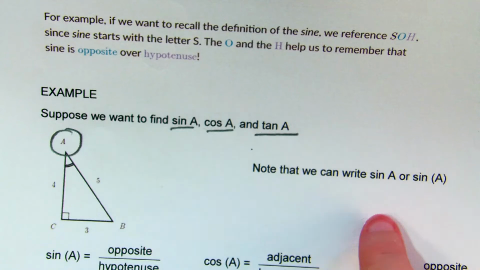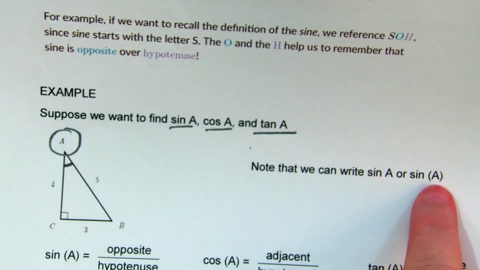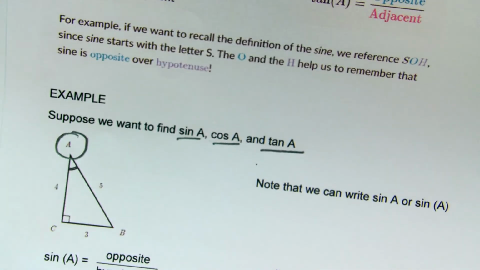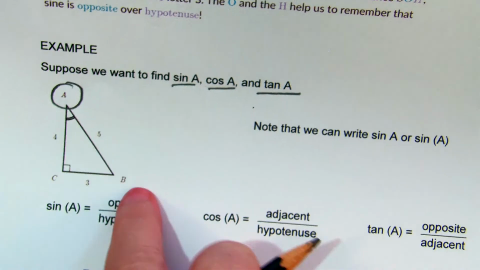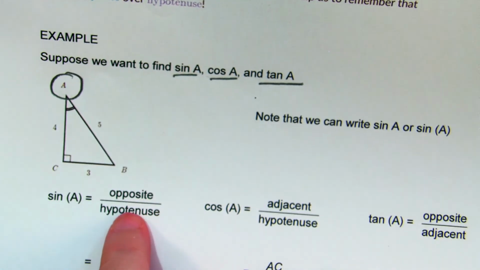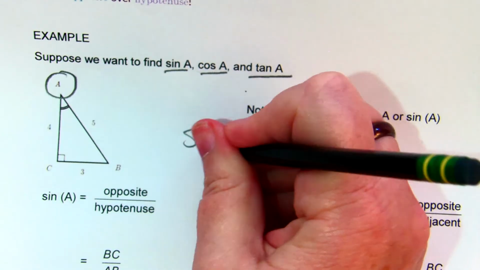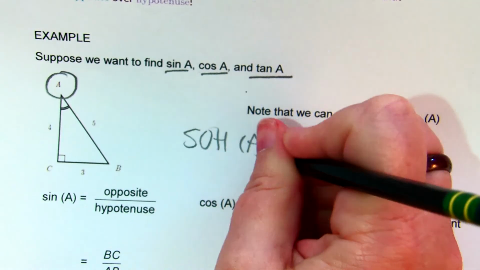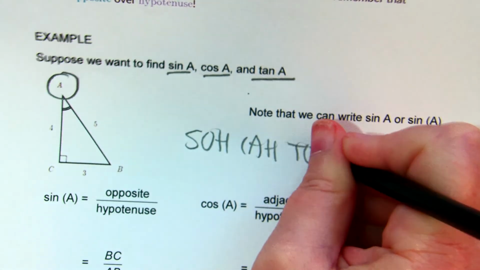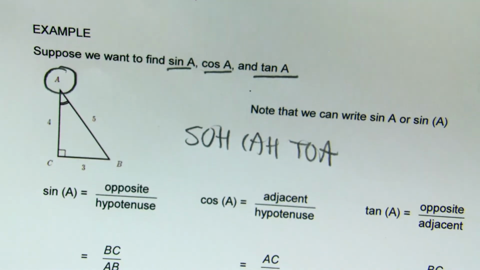You can write it as sine A, or you can put parentheses around it if you want to. Every time you do problems, you should write SOHCAHTOA.